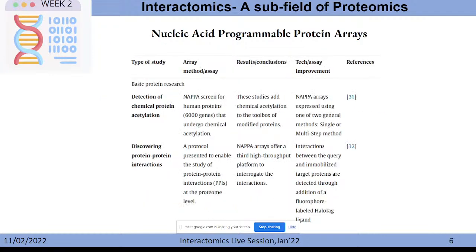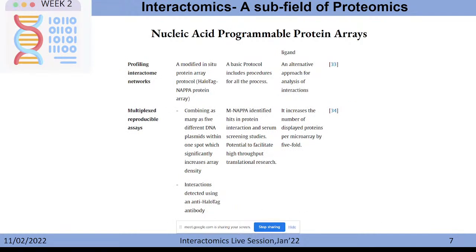Among these is the multiplex reproducible array, where you can combine 5 different DNA plasmids within one spot, so that you can achieve a very high density of the array.